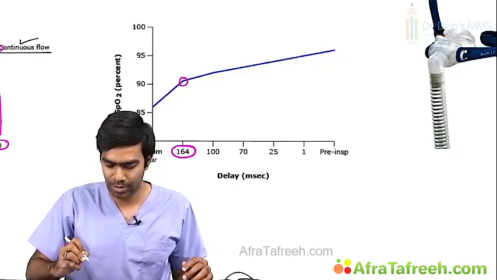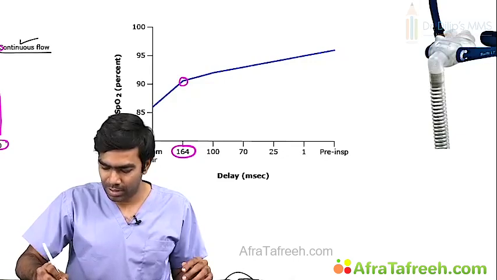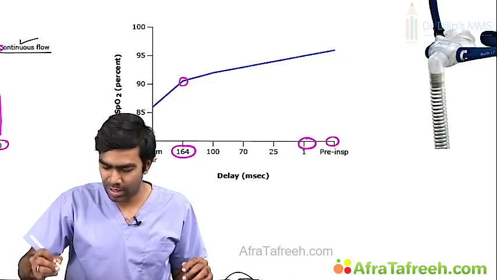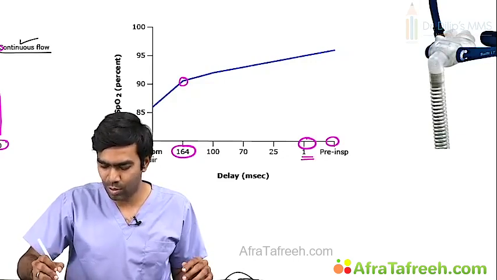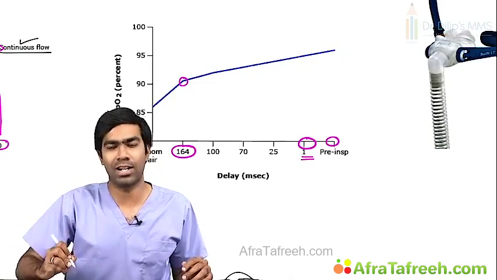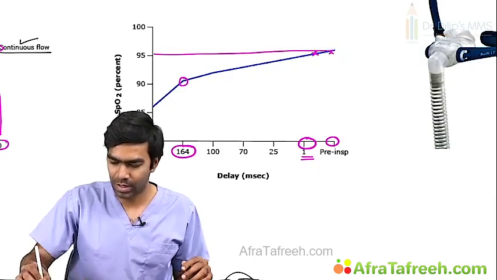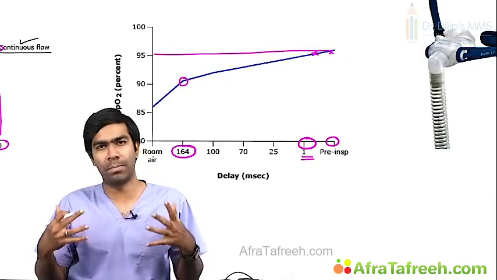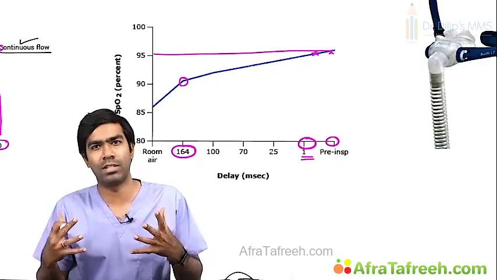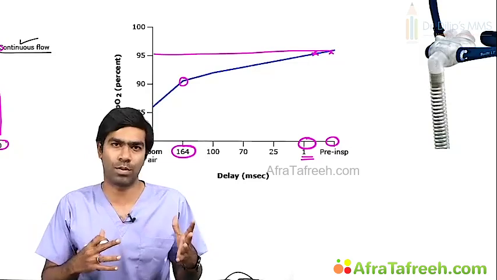But if you deliver just 1 millisecond after starting inspiration, your oxygen saturation will be very high, so it is best to give the pulse of oxygen as early as possible.